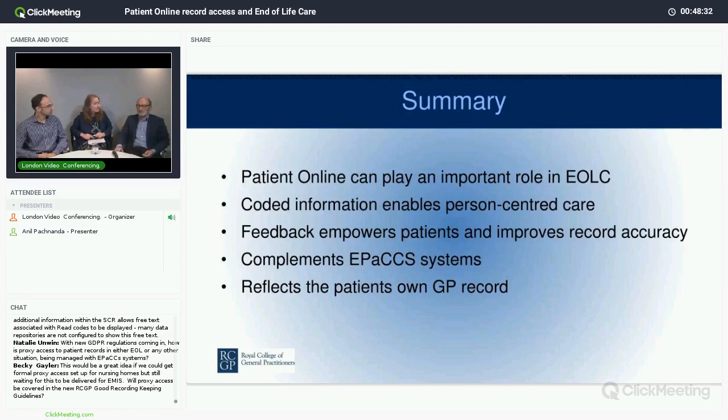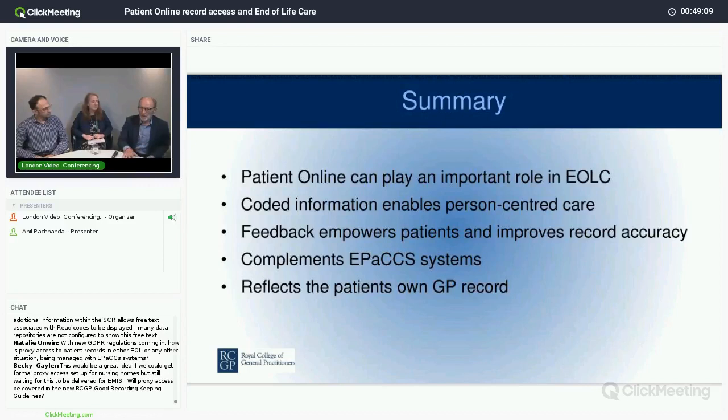It makes sense, if you're going to link a patient's records to an EPaCCS system as a GP, that you tell the patient about it and seek their consent to do so. Legally, under GDPR, GPs do not process data dependent on patient consent. And this is getting a bit technical. But equally, under the Data Protection Act, there is no need for consent to share data with other people who are caring for that patient and providing direct care.